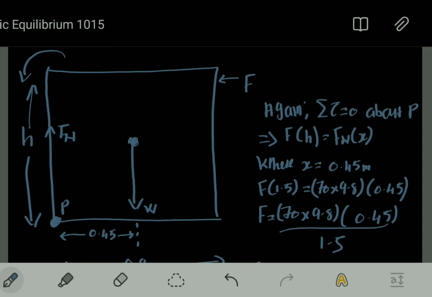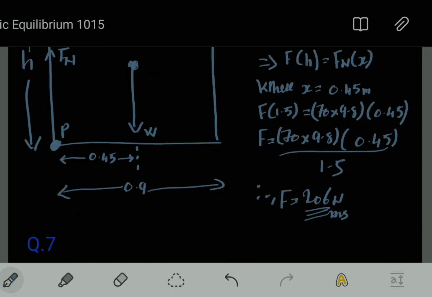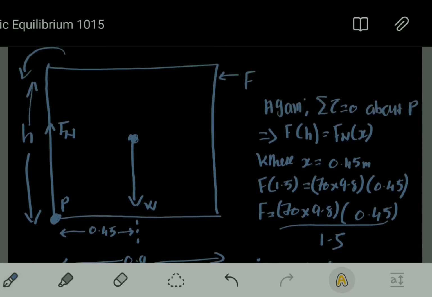So F is perpendicular to H, and also the normal force is perpendicular to the distance, 0.45 meters. From this we can get the sum of the torques as indicated here.